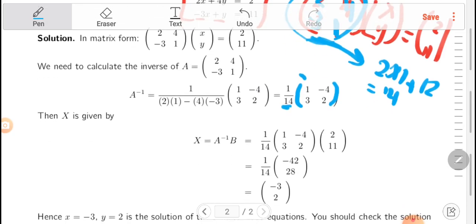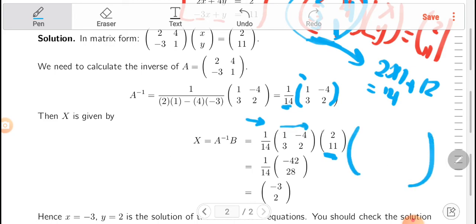Now multiply the multiplicative inverse by the second matrix. Row, column: 1 by 2 plus negative 4 by 11, which is negative 42.